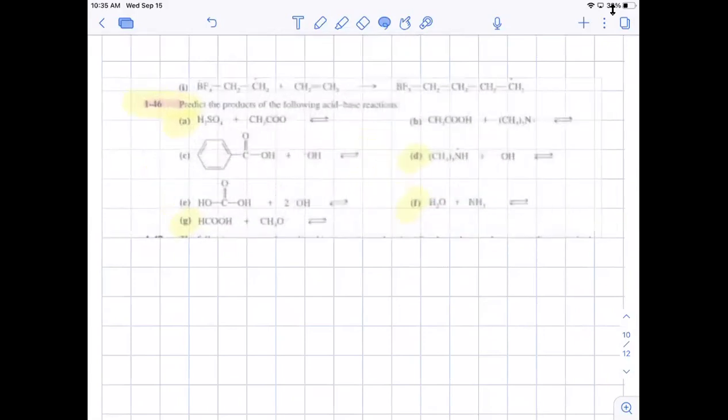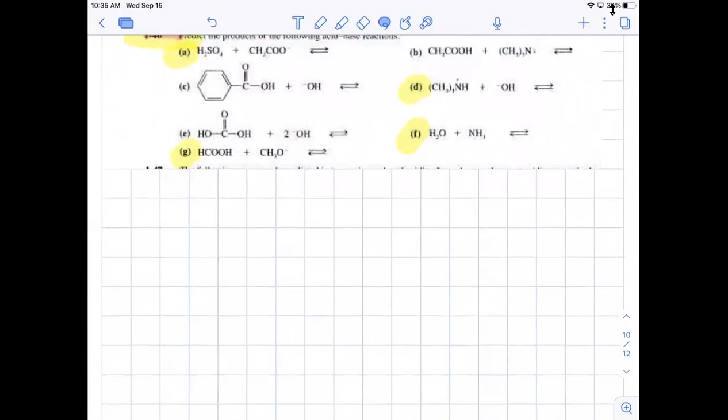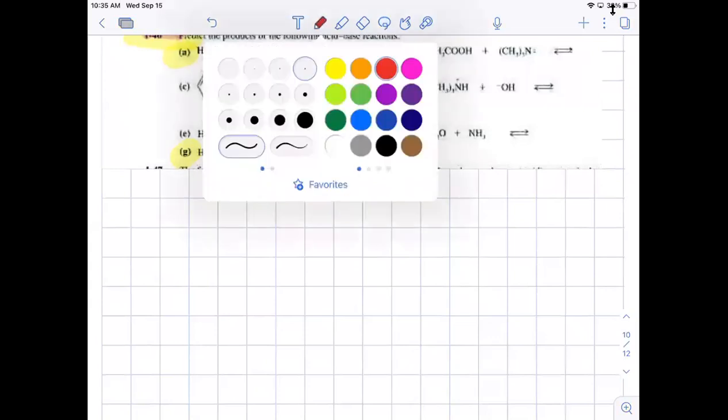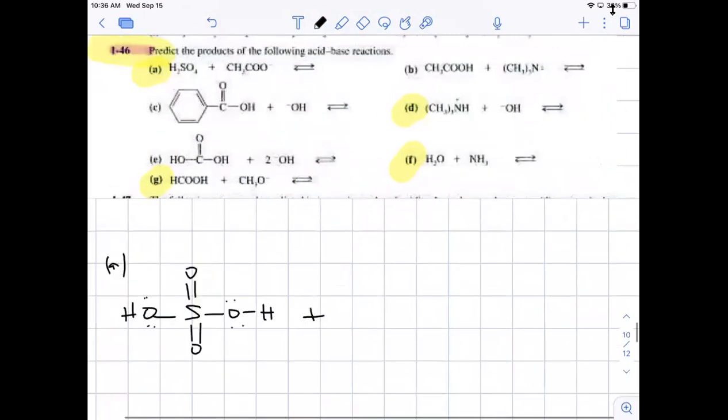All right, so let's take the first one, which is sulfuric acid. I'm actually going to draw that out so you can see what the structure looks like. So this is S, this is A. So that's sulfuric acid, and then this is the acetate anion.